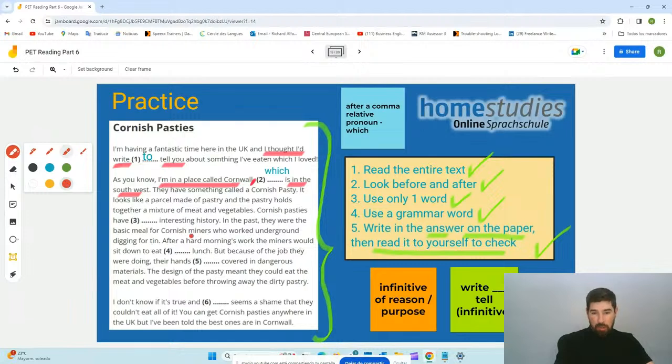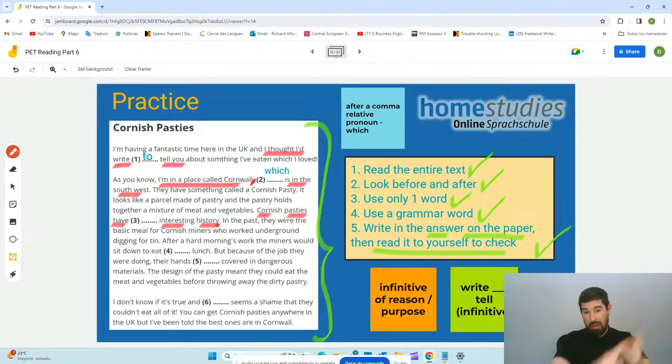So reading on, again, we're looking at the before and after. Cornish pasties have, okay, verb have, interesting history. Adjective and noun, all right? Our before is a verb, gap, adjective and noun. What goes before an adjective and noun? An article, okay?